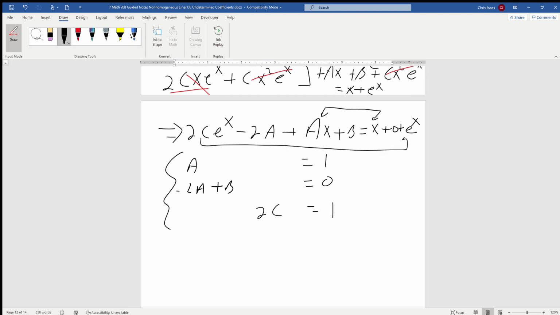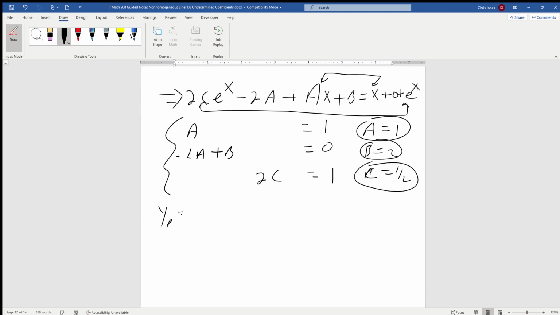All right. At this point, trivial. A is 1, c is a half, and then over here, if a is 1, that means that b is going to be 2. Just by substituting back in and then adding 2 to both sides. So our particular solution, yp, is going to be equal to 1x plus 2 plus a half of e to the x.